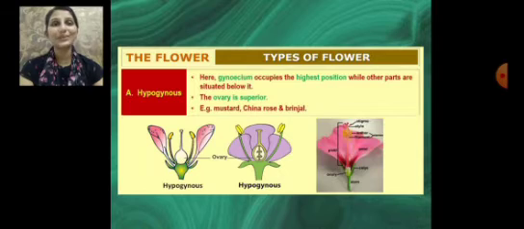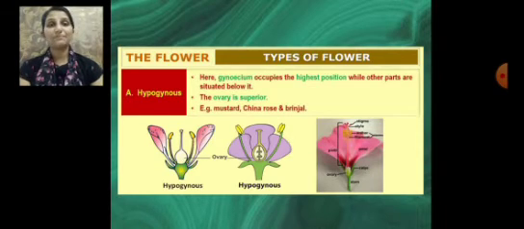What is a hypogynous flower? The gynoecium occupies the highest position, or we can see that the ovary or the female reproductive part, that is the gynoecium, which has the basal swollen part, is called the ovary. This basal swollen part is the ovary, and the ovary holds a superior position.